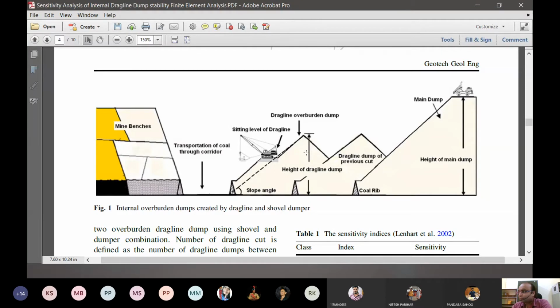So what happened was, in one of the heavy rainy seasons, these dumps basically started developing a lot of hydrostatic head, and due to the property of the coal that is mined there, it was not allowing any water to seep through.